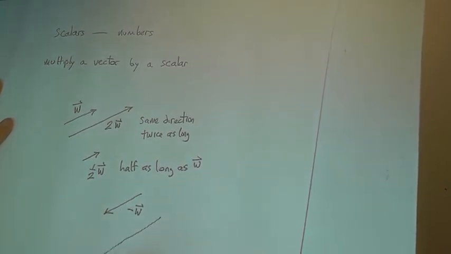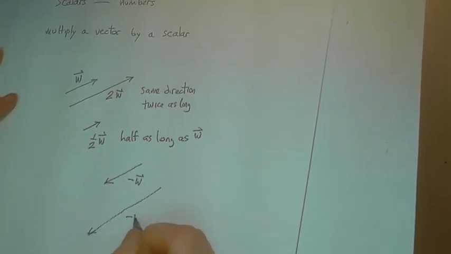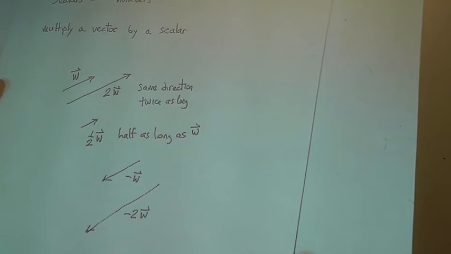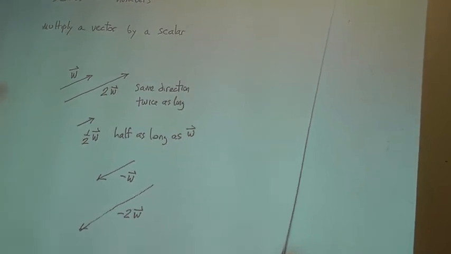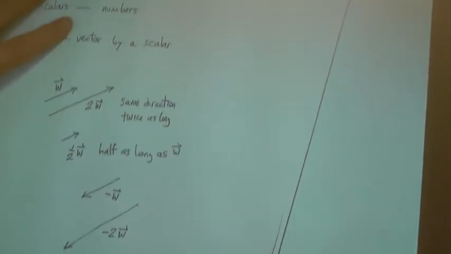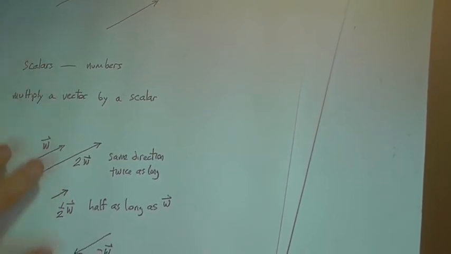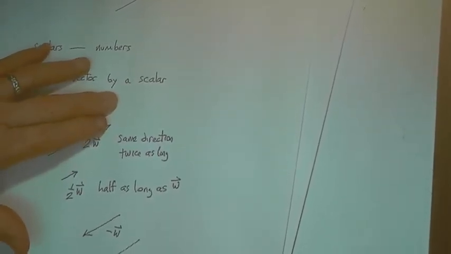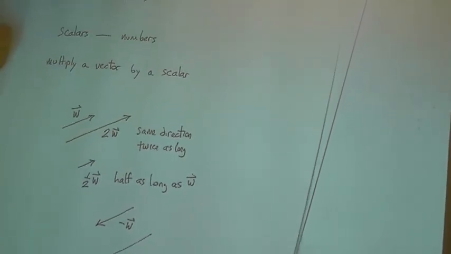It would double the length of my vector and point it in the opposite direction. Okay? So visually, this is how we look at multiplying a vector by a number or by a scalar.